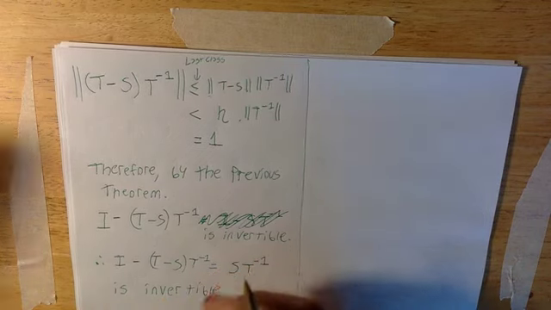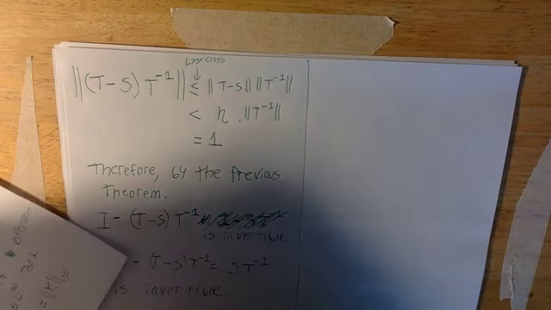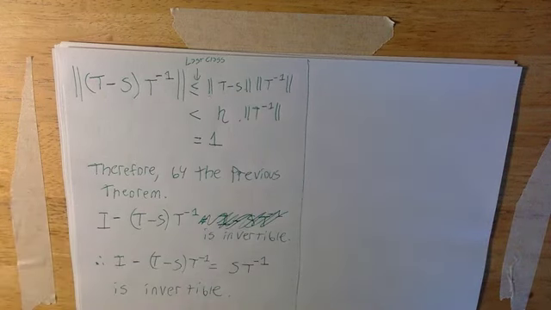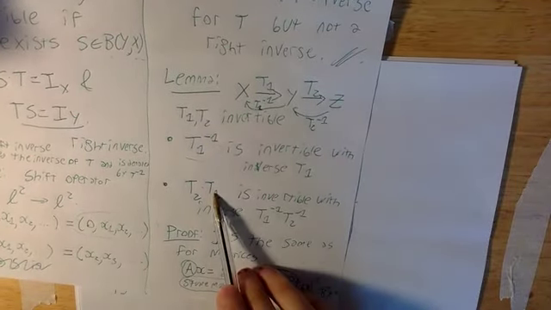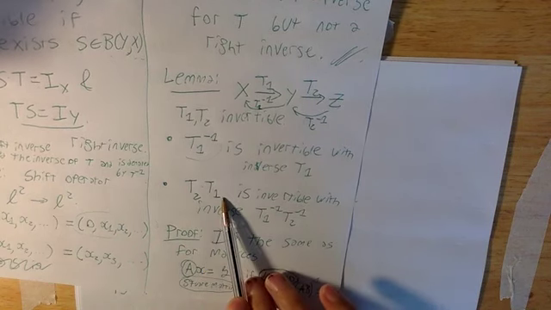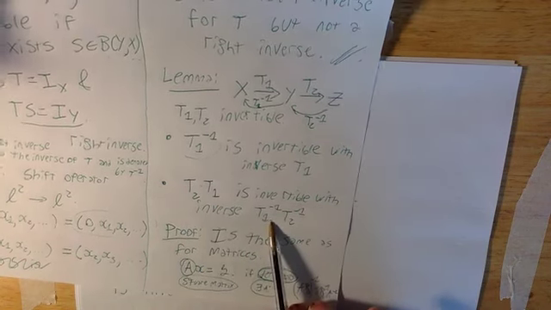But the other thing that we've shown at the beginning of the class is the following lemma: if T1 and T2 are invertible, then T2 times T1 is invertible with inverse T1 inverse times T2 inverse.